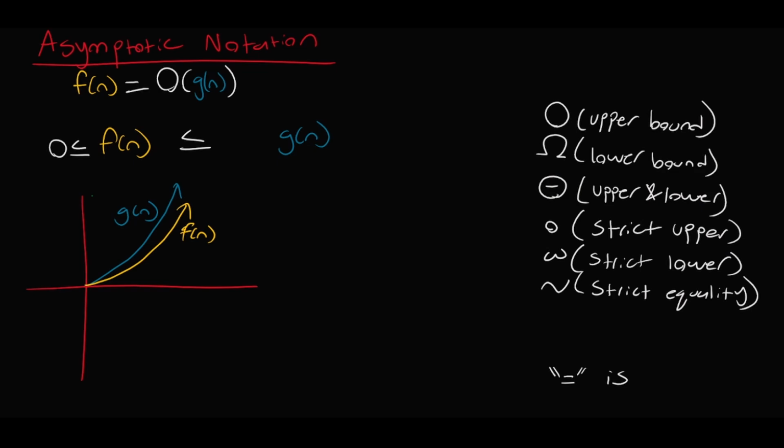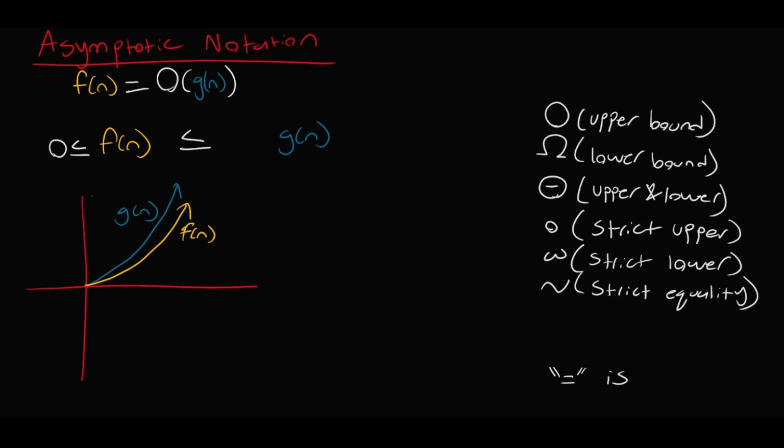Now, there's something important to state: in the real world, there could be some wiggle room here. g of n can behave differently or in certain ways, but generally g of n runs this way. And even though g of n generally acts this way, f of n is still smaller than g of n.